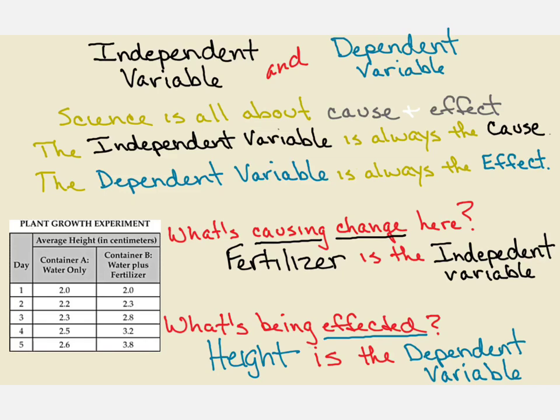How about the same soil, the same placement of the plants, the same containers, the same amount of soil? Those are all things that we set at the beginning and we leave the exact same in all of our groups and all of our trials throughout the experiment. All right.